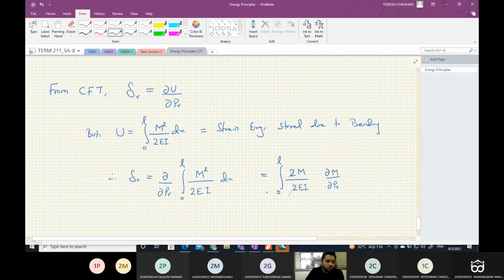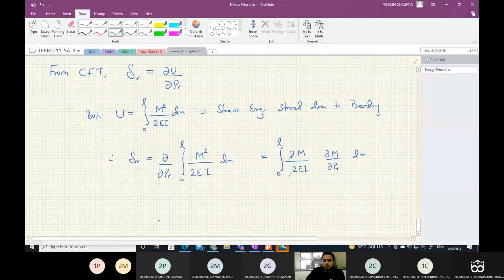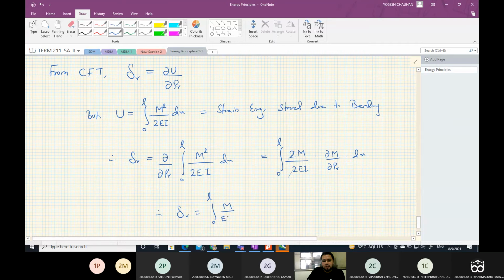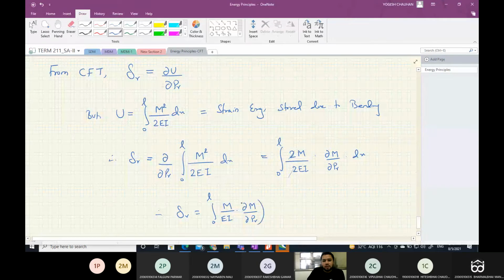This 2 gets cancelled, times dx. So we can write this as delta R is equal to integration from 0 to L of M by EI times del M by del PR dx.